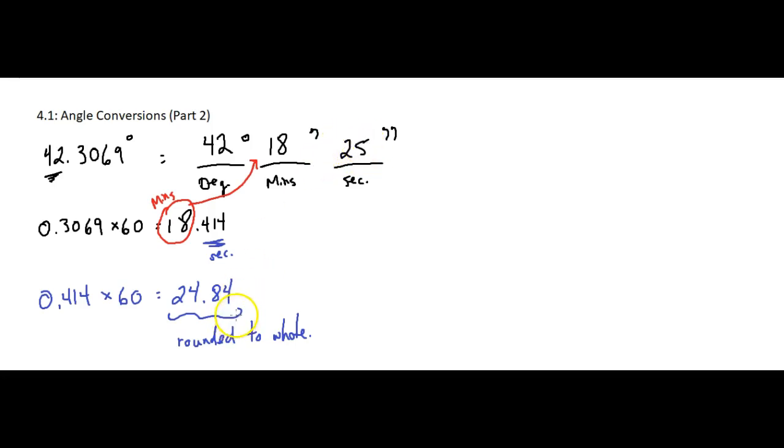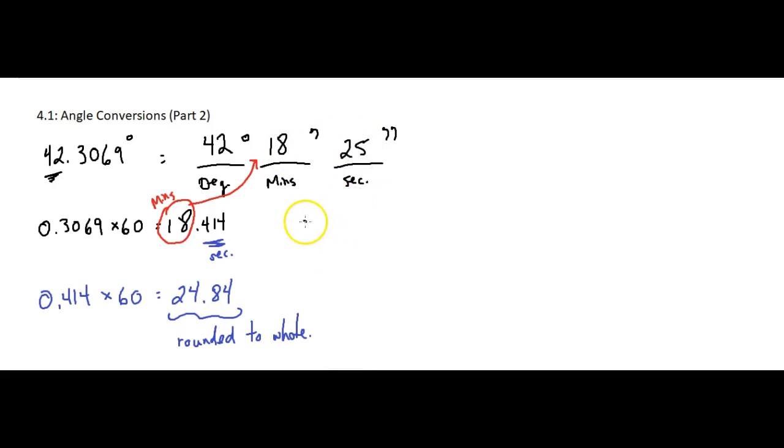Alright. And the reason why it doesn't make too much difference here, think about this. We've taken our degrees and divided them into 60 little parts. Then each of those 60 parts is divided into 60 little parts.